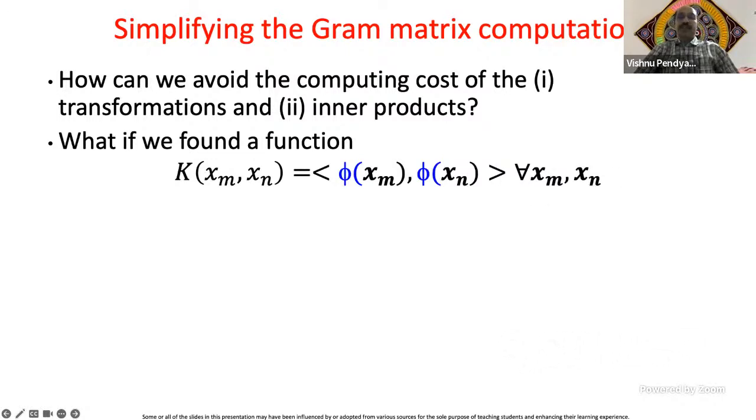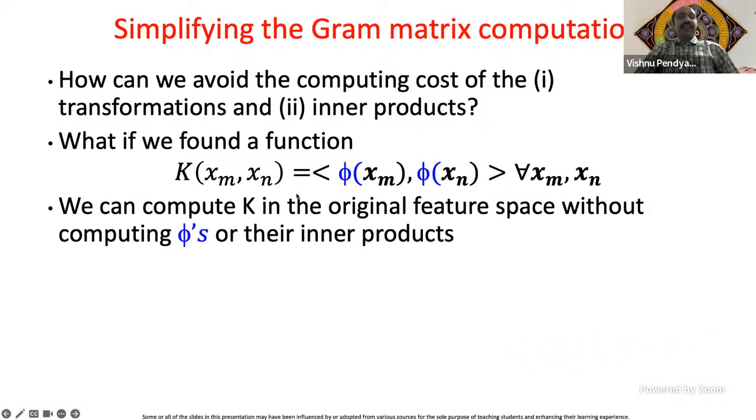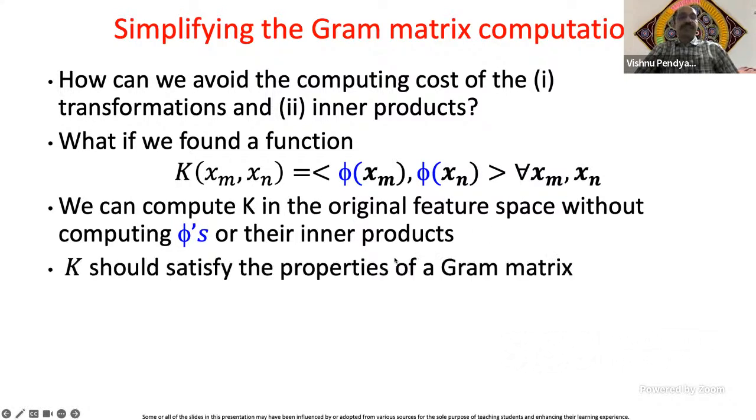Xm and Xn are in the original feature space. Phi of Xm and phi of Xn are in the transformed feature space. So what if we found a function k? That would greatly simplify our computations. We can compute k in the original feature space without computing phi's or their inner products.